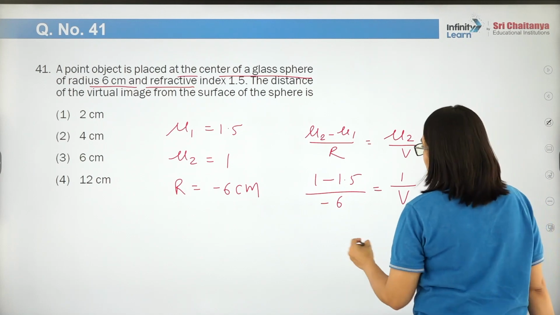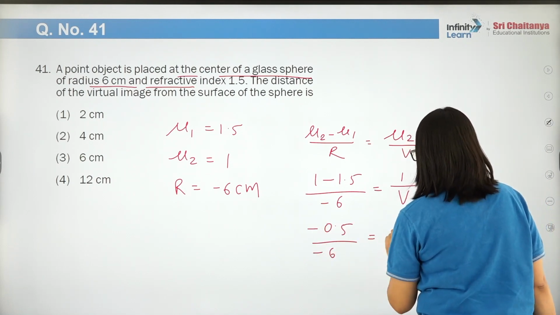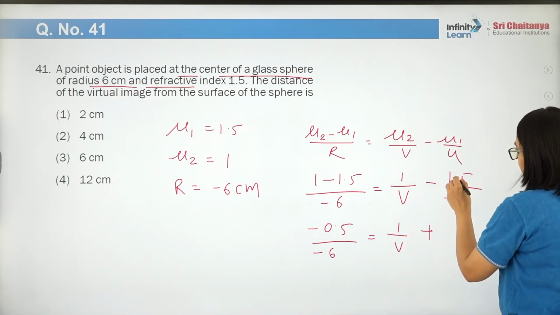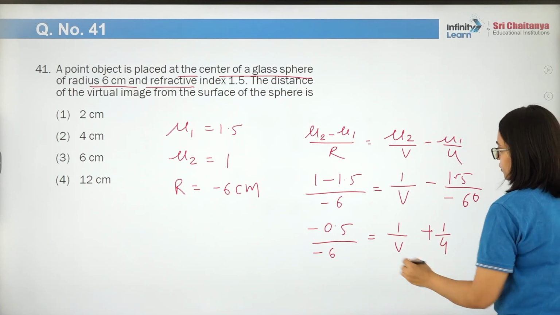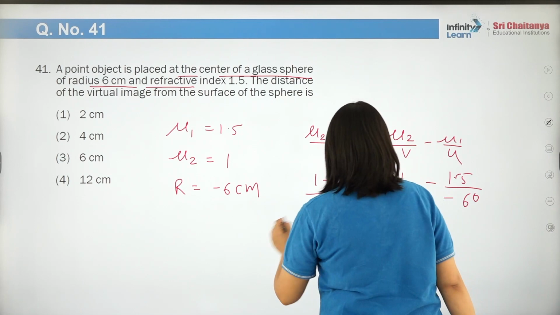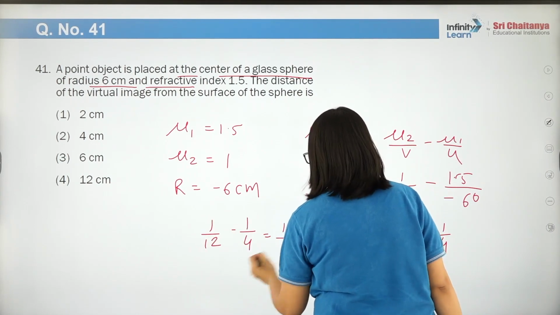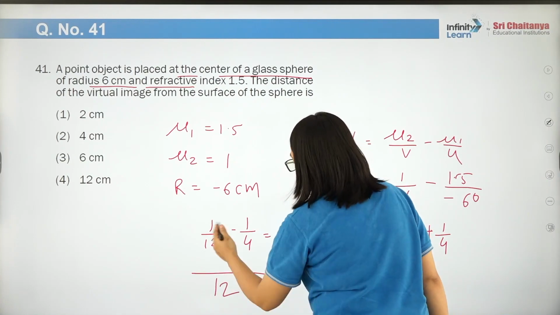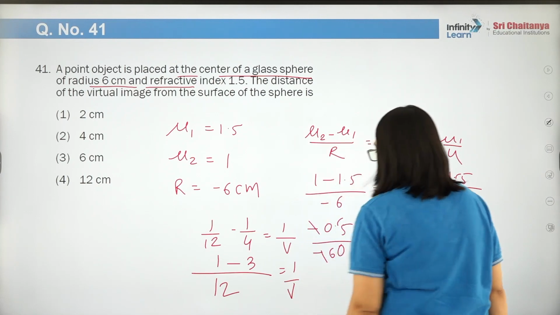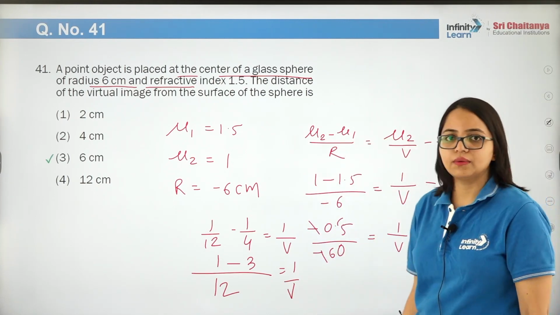Right, so this will be minus 0.5 divided by minus 6 is equal to 1 upon V plus 1 by 4. So minus minus cancel. This will be 1 by 12 minus 1 by 4 is equal to 1 by V. So this will be 12 and this will be 1 minus 3. So this is 1 by V. So V will be minus 6 centimeter over here, which is option 3.